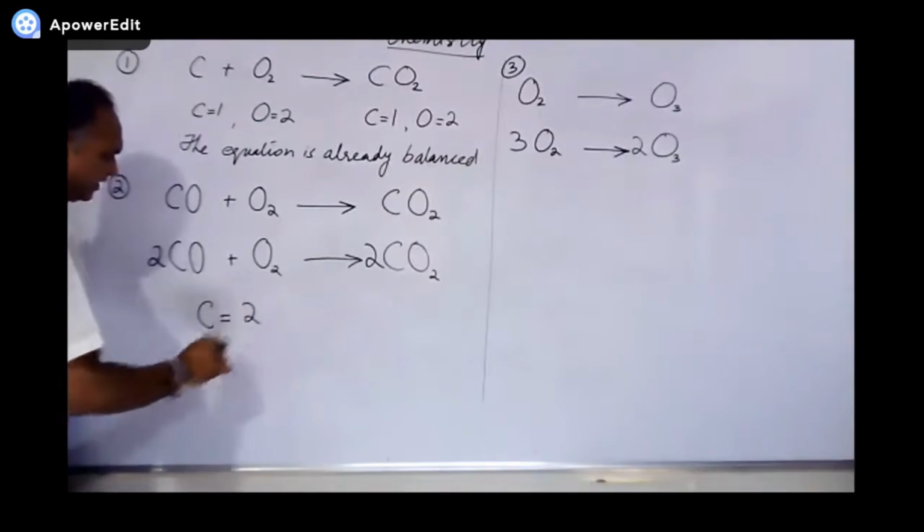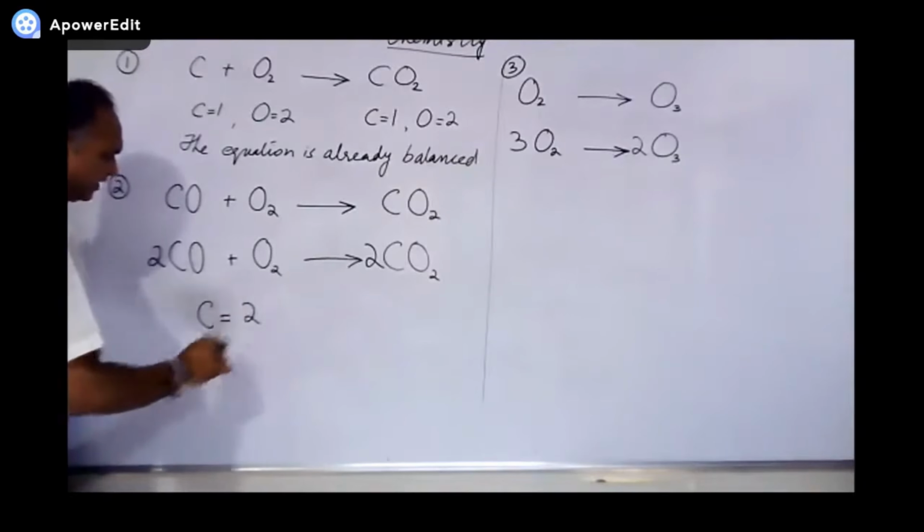See another one. It's from the book. Or see this one. CaCO3. How many calcium on left? 1 calcium. How many carbons on left side? How many carbons on right side? How many oxygens over here?